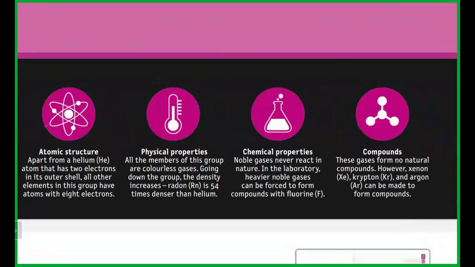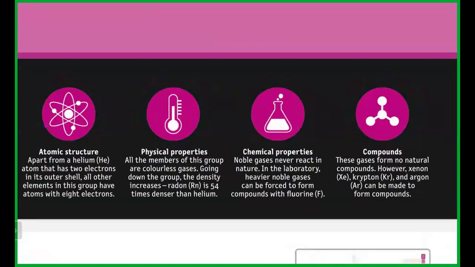So the atomic structure: apart from helium, which has 2 electrons in its outer shell, all other elements in this group have atoms with 8 electrons. But helium is still considered stable because it still has the 2 electrons right there if we draw the valence electrons.